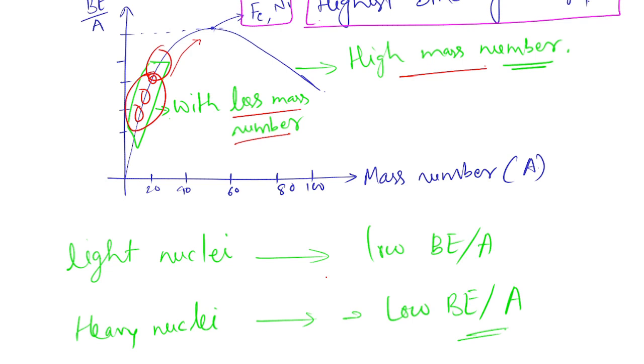Now, the problem with the high mass number nuclei, they are very heavy and unstable, right? So, they want to split themselves so that they can achieve stability. So, one portion goes here, one portion goes here, and this process is called fission.